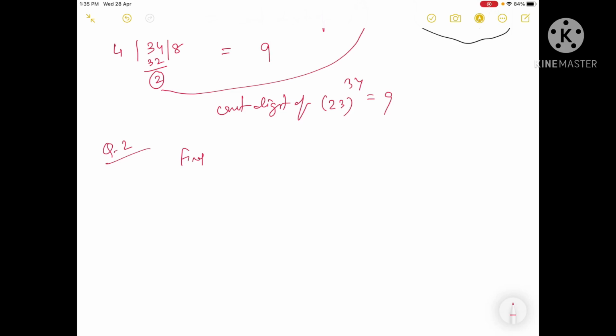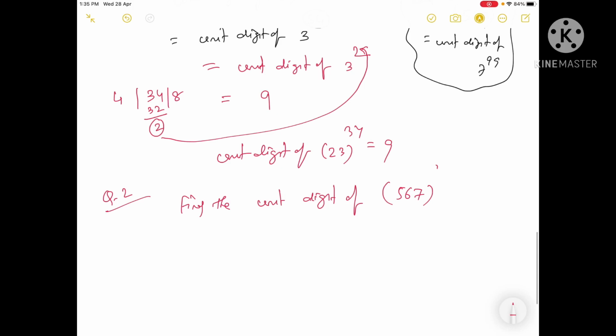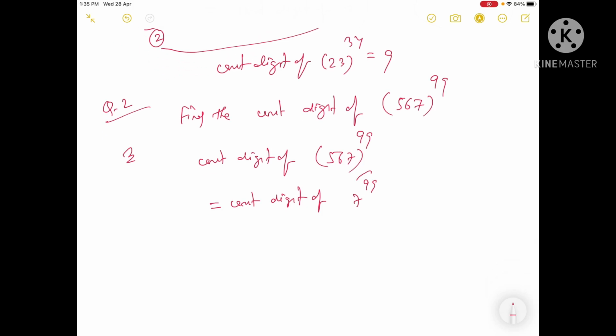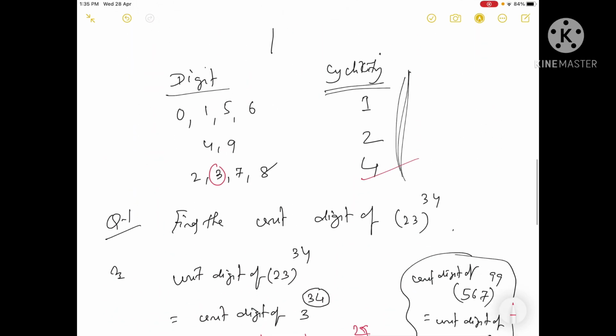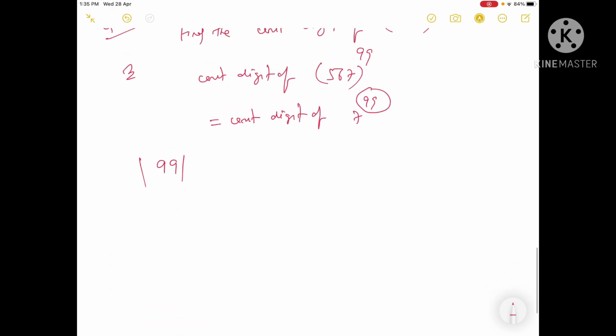Let us consider one more question. Suppose we have to find the unit digit of 567 to the power 99. The unit digit of 567 to the power 99 is equal to the unit digit of 7 to the power 99. Now the power is 99 here, so divide 99 by the cyclicity of 7. The cyclicity of 7 is 4, so divide 99 by 4.